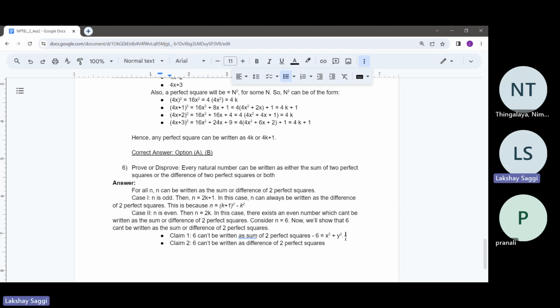If we were able to write 6 as sum of two perfect squares x square and y square, then x square will individually be less than or equal to 6, and y square will also be less than or equal to 6. But we know that the only perfect squares which are less than or equal to 6 are 0, 1, and 4. And you can see no two of these perfect squares can add to 6.